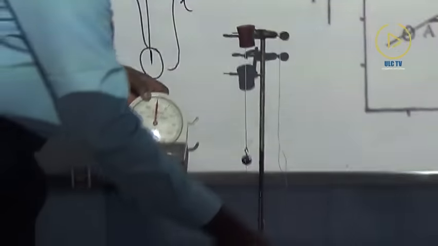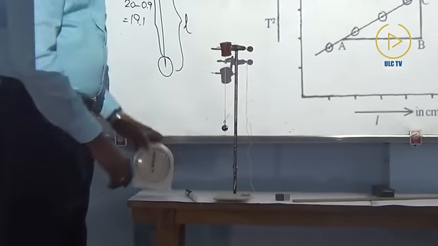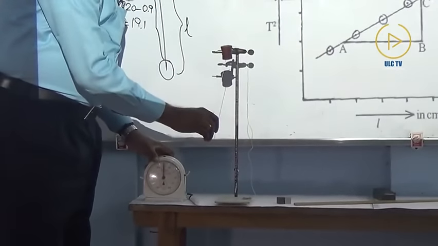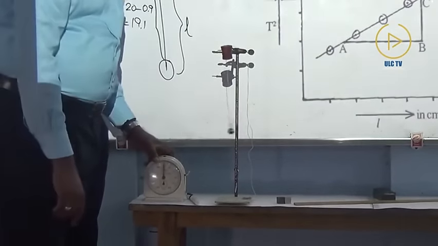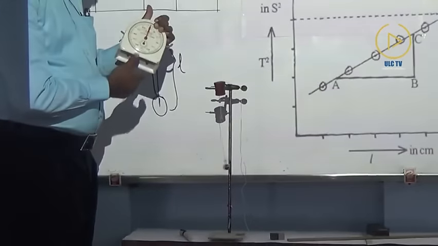Now I am going to calculate the time for 20 oscillations. So starting the oscillations, then take the stopwatch.